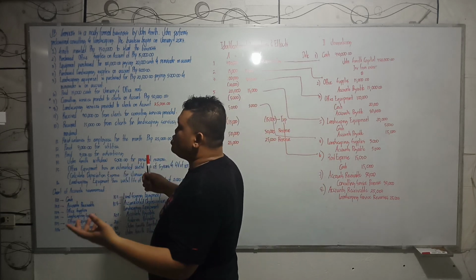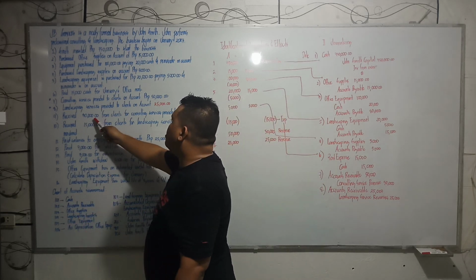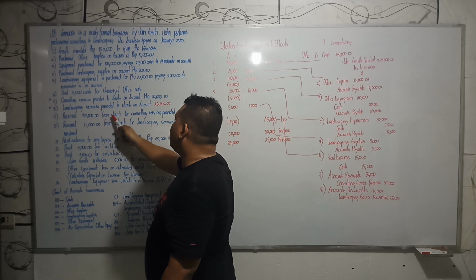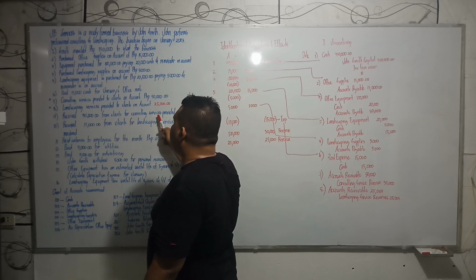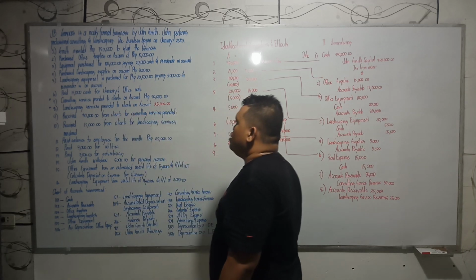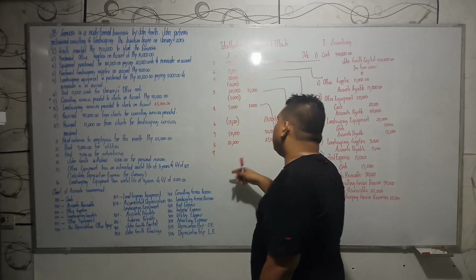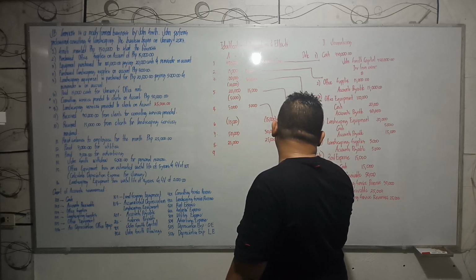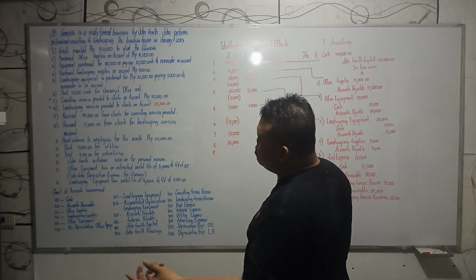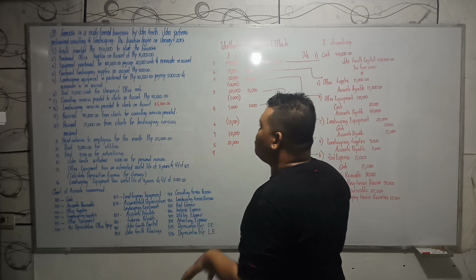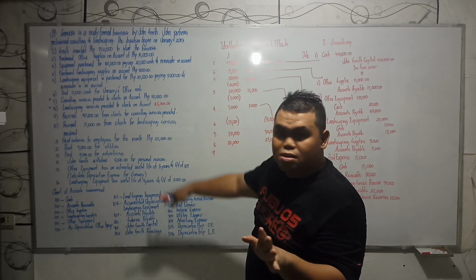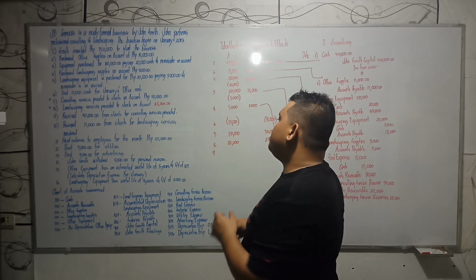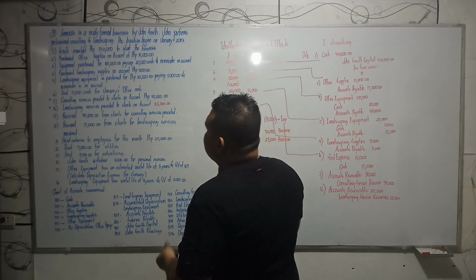Sometimes the students are confused. Sometimes they are relating this received 30,000 from clients for consulting services provided to number 7, in which, in number 7, it is still an accounts receivable, if you can see. So they are treating number 9 as the collection from number 7, which is not the case. Okay? So, it's a separate revenue.